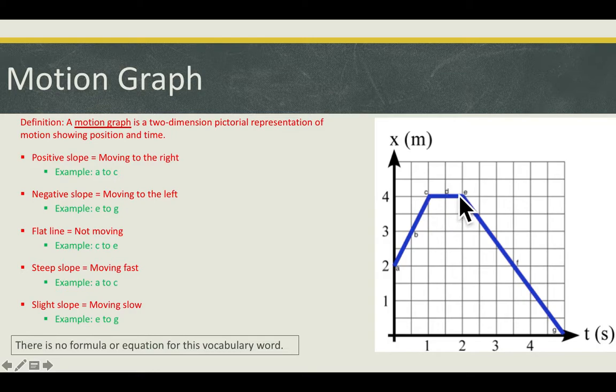The velocity is 0. Then if the line slopes downward on the graph, that indicates that the velocity is negative and the object is moving in the negative direction. If the slope is steep, it's moving faster. If the slope is not as steep, then it's moving more slowly. We'll take it apart in little pieces.